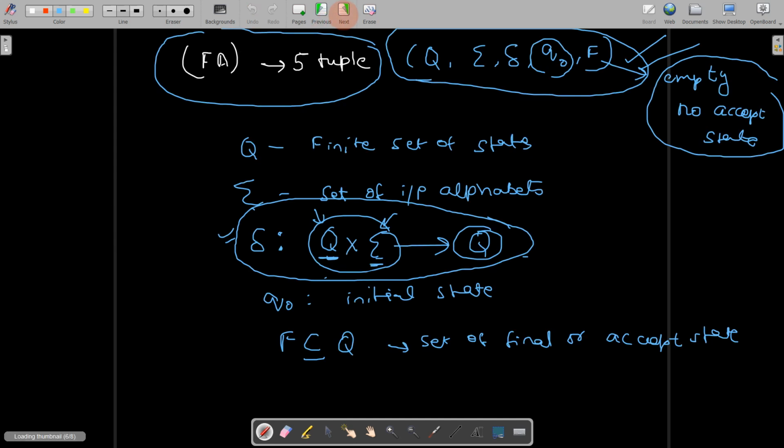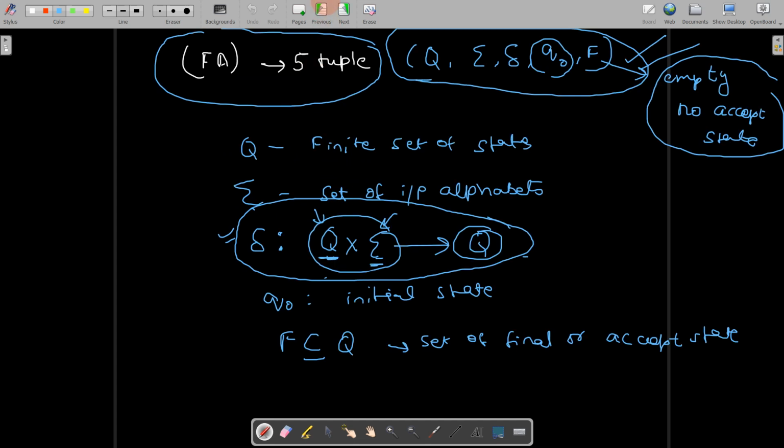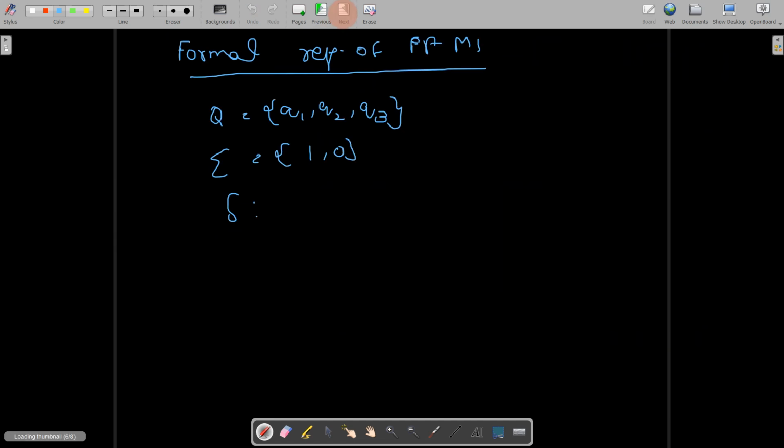Okay, this only is the transition table. Okay, this is the transition function, and this we have written already.